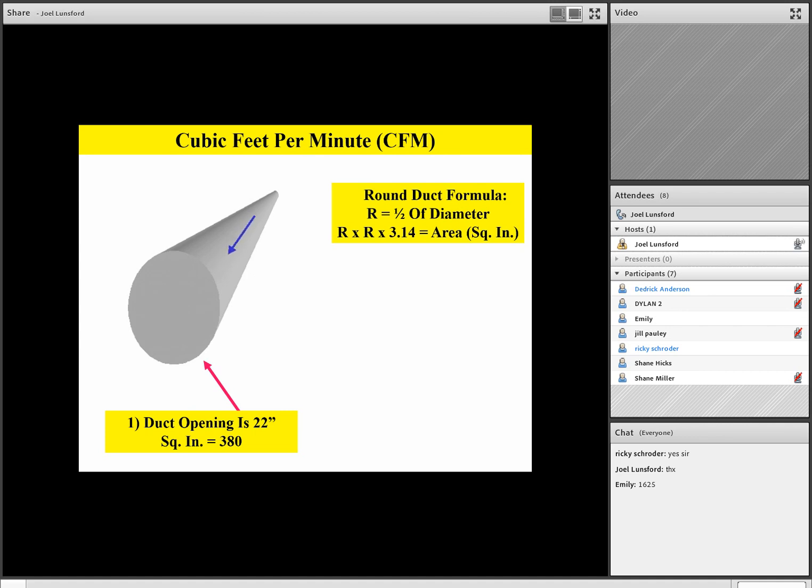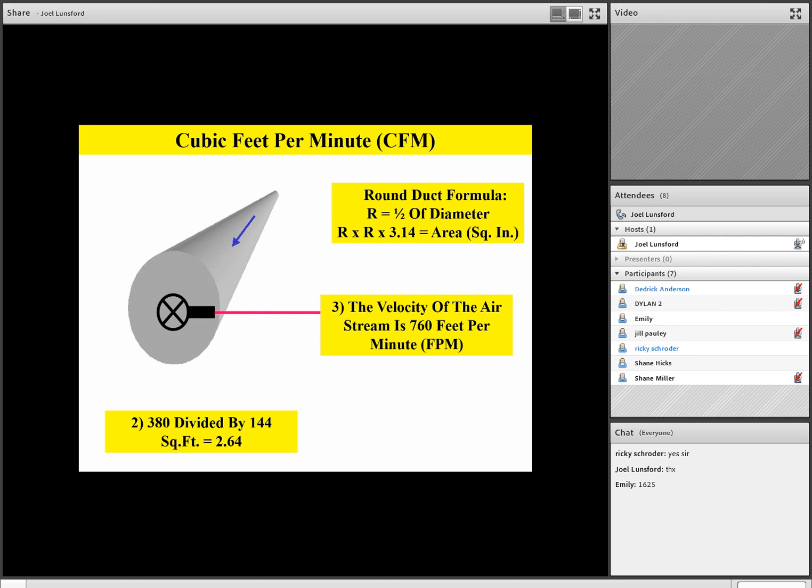We then divide that by 144, and that should give us our square foot area of that 22-inch round duct. So we take 380 and divide by 144, and that gives us 2.64 square feet. Then what we do, team, we take our velocity of the airstream. In our example, it's 760.